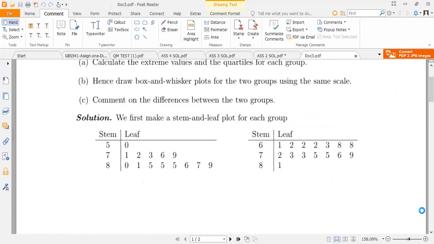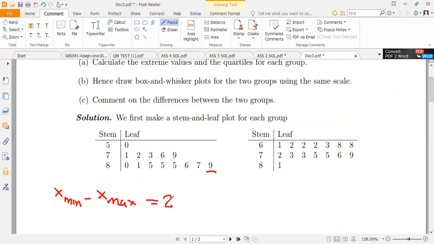So here, let's identify what we call the range. Our range is the X max minus X min. So here the highest number is what? This is not 9, but 89.